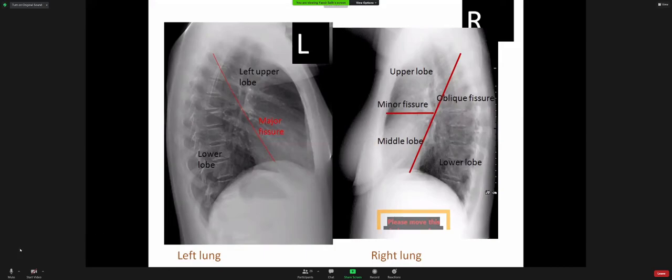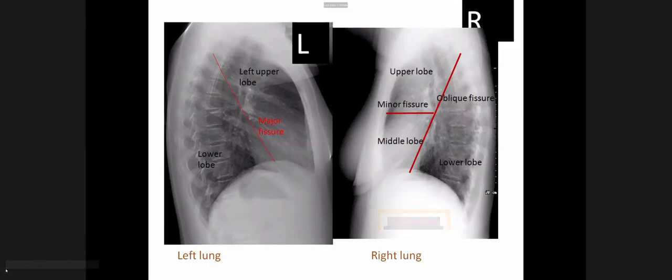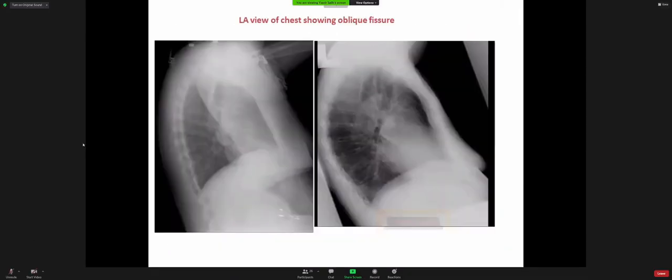Doctor? Yes, welcome. Can you go to the MRI and CT slides? Slide number 31. Okay.